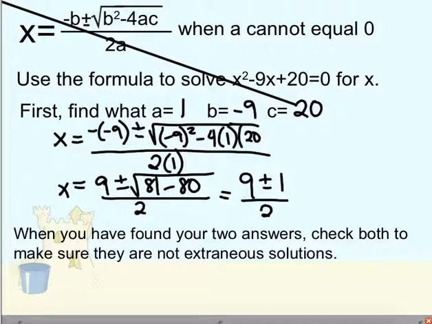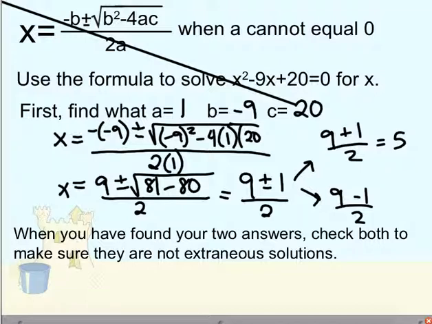And all I have to do here is split it into the 2 different possibilities. We can say this is 9 plus 1 over 2, or 9 minus 1 over 2. In the top one, I get 10 over 2, which is 5. In the bottom one, I get 8 over 2, which is 4. Meaning my 2 solutions to this, my 2 x-intercepts, are at 5 and 4.